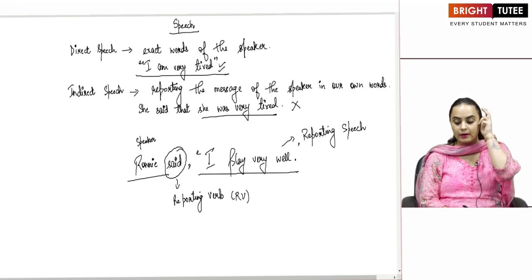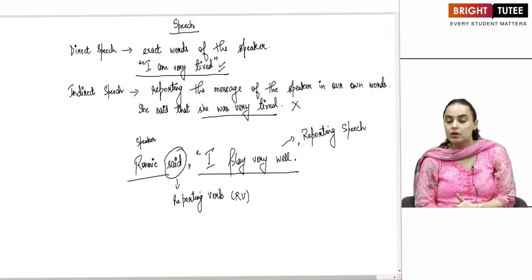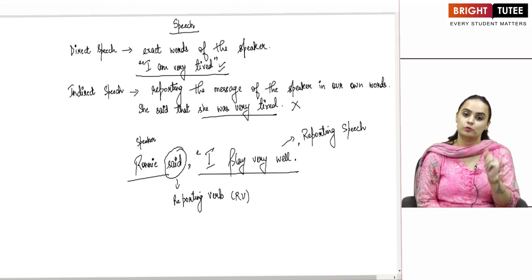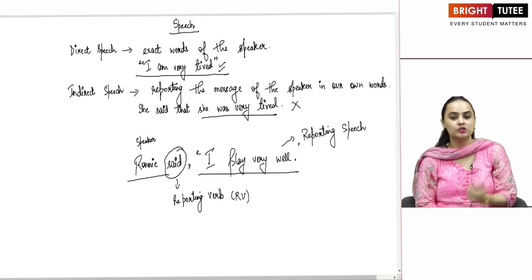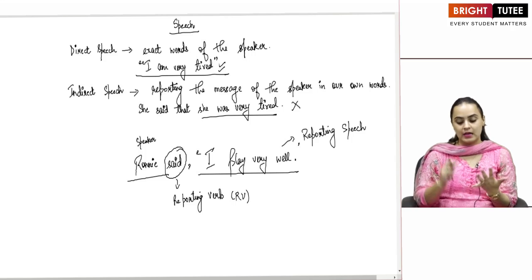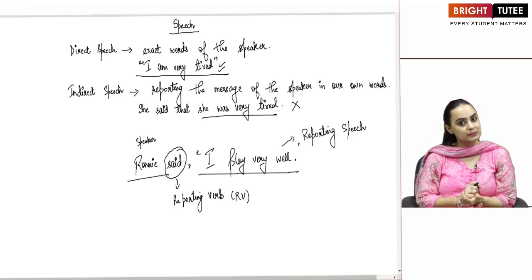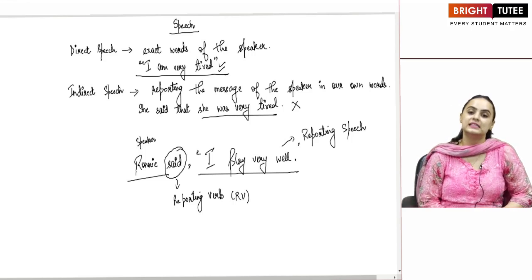So, 3 parts of a sentence: the speaker, reporting verb, and reporting speech. A sentence which is written in direct speech has a speaker, a reporting verb as well as reporting speech, and at times it also has a listener.